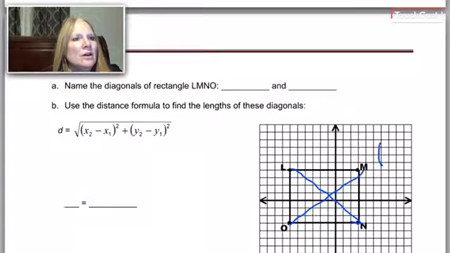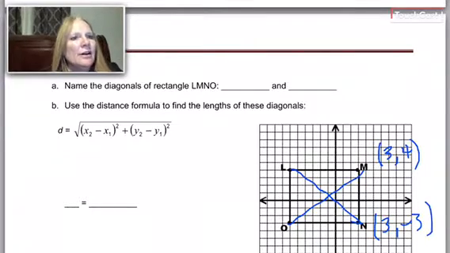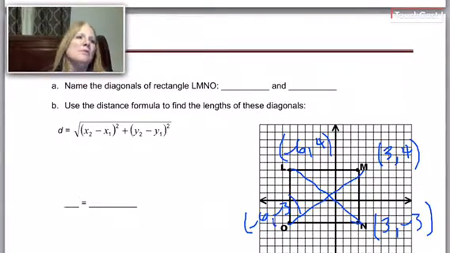So that would be (3, 4), and then N would be (3, -3). O would be (-6, -3), and then L is (-6, 4).